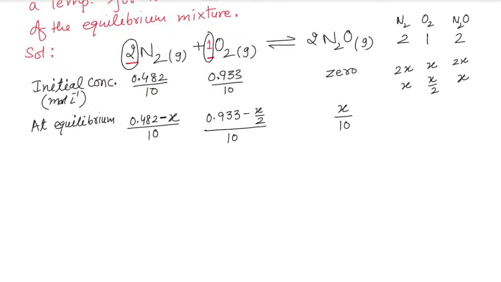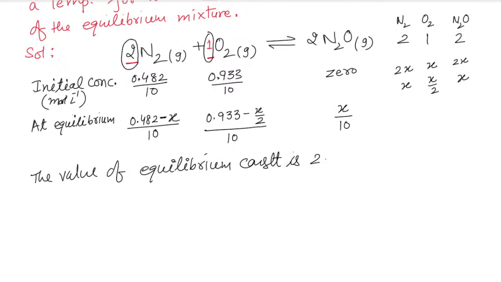You know what is the value of equilibrium constant? The value of equilibrium constant is 2.0 into 10 raised to power minus 37. See the number, 10 raised to power minus 37. It is extremely small. What it means? That only small amount of reactants have reacted.